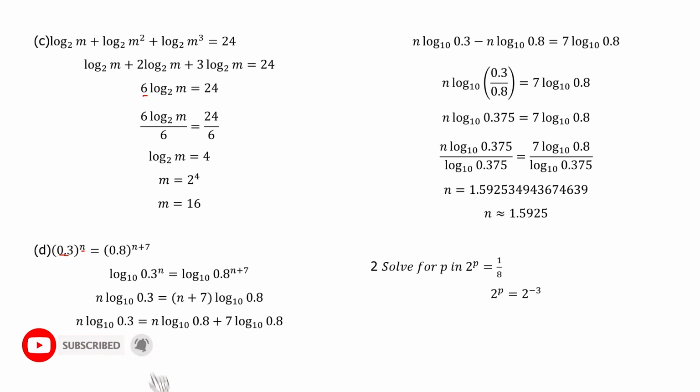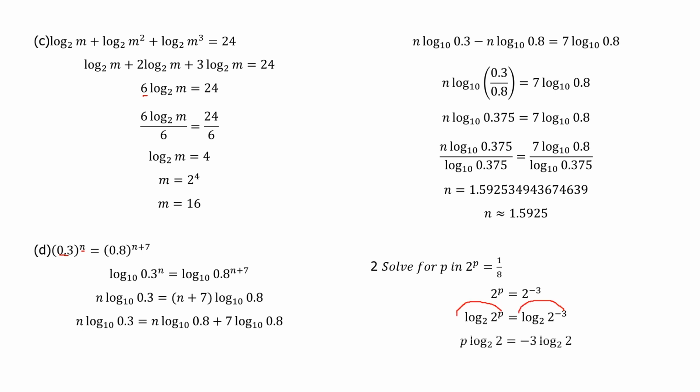Here we apply log base 2 both sides of the equation. When I apply it, the power of p is going to somersault to there, the power of negative 3 is going to somersault there. So we shall have p times this one, which we said will condense to 1, is equal to negative 3 times that one, which condenses to 1, to have p times 1, which is p, is equal to negative 3 times 1, which is negative 3.